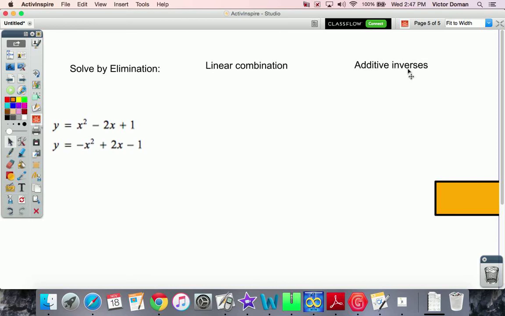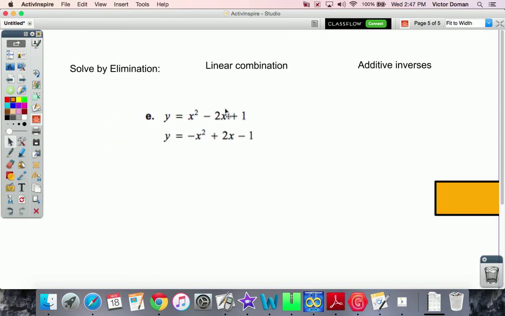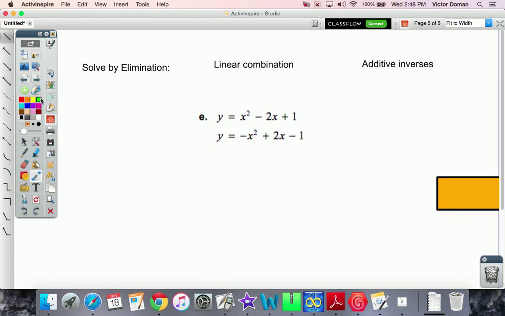We need additive inverses so that when we add things up, they cancel out. So let's take a look at the equation at hand. Me being the guy I am, you'll notice I gave you an equation where x squared and negative x squared are already additive inverses.